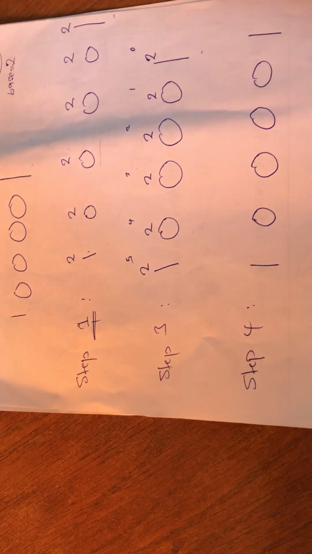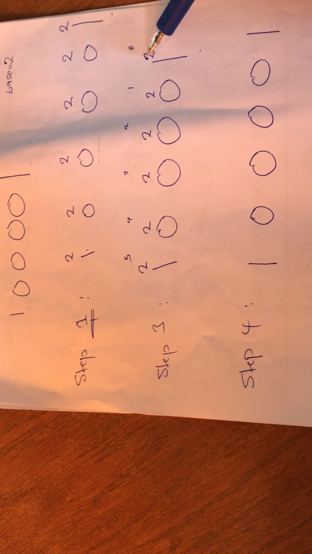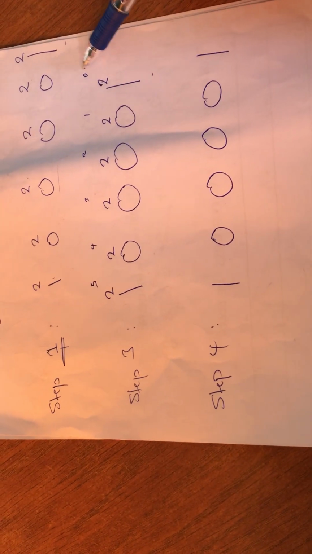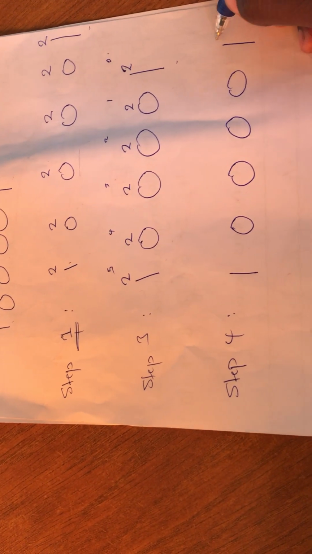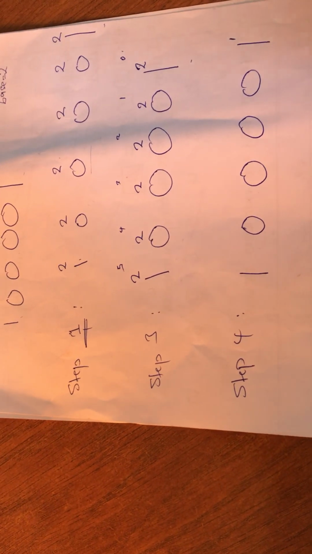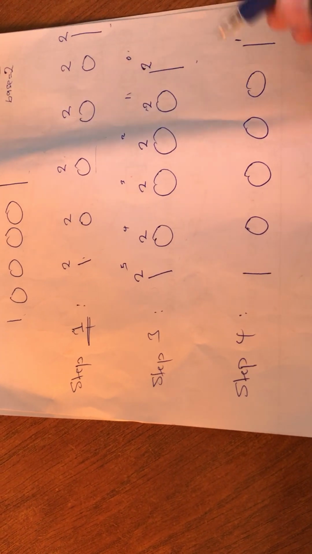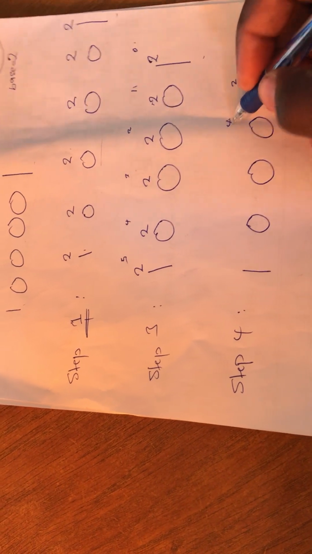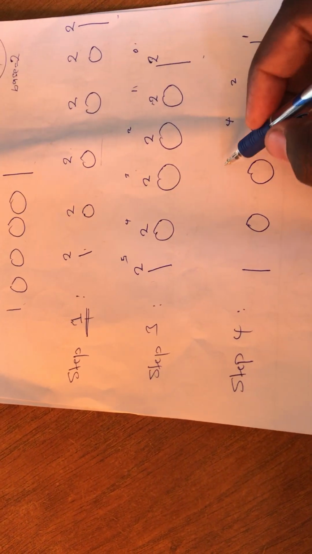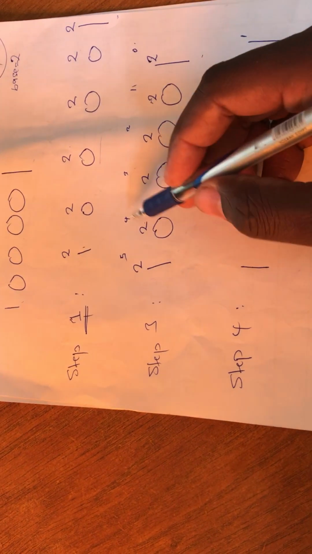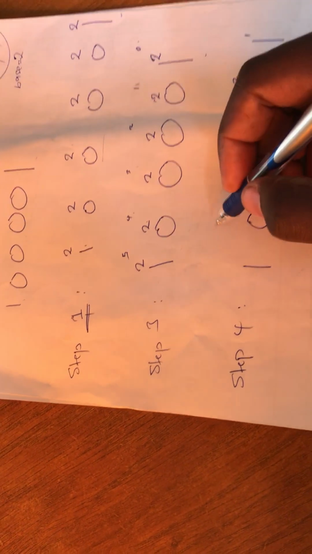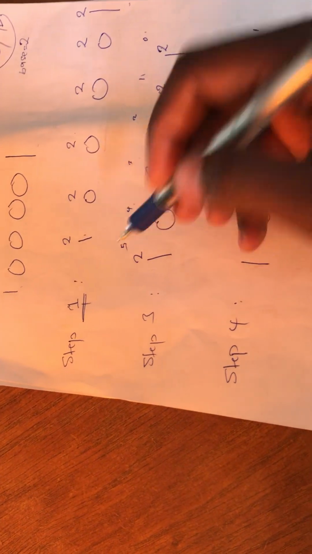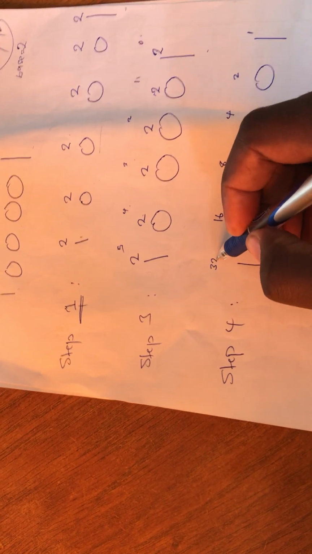Okay, so we are multiplying this to the power, so 2 to the power 0, it's 1. 2 to the power 1, it's 2. 2 to the power 2, it's 4. 2 to the power 3, it's 8. 2 to the power 4, 16. 2 to the power 5, 32.